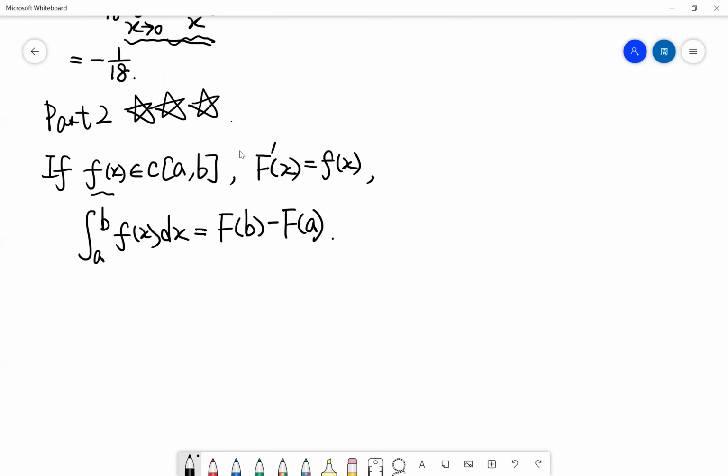So this is a very triple star important formula to calculate the definite integral. And it is more useful than drawing the graph.